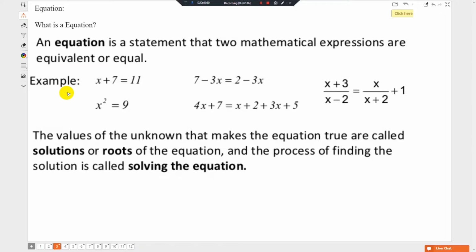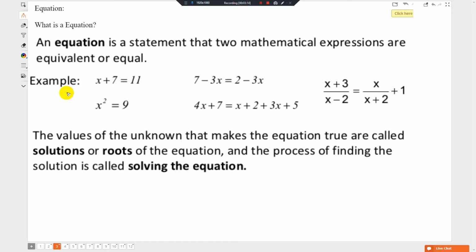So we have statements: if two mathematical expressions are compared with an equal to sign, that is known as an equation. See, we have completed the equation definition just in 3 minutes.